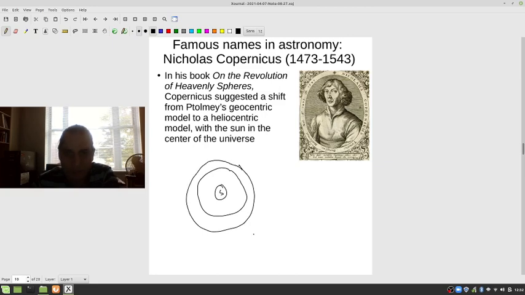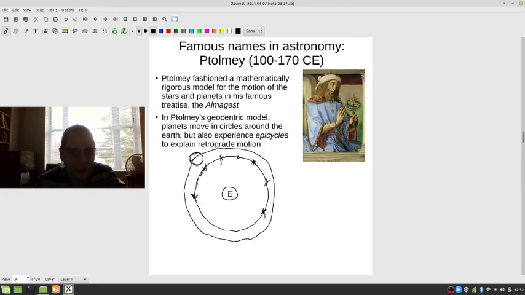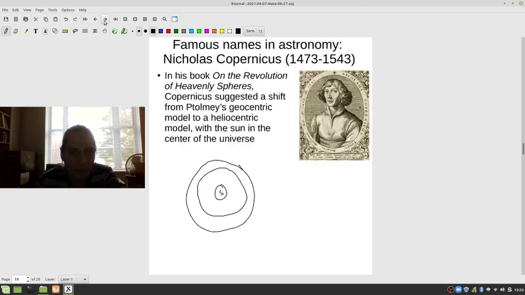Now, it's worth noticing that in Copernicus's model, the math did not work out quite as well as it did in the case of Ptolemy. But we honor him because we think it's closer to true. We think that the sun actually is something like being revolved around by the planets in the way that I'm sure you all learned in middle school.